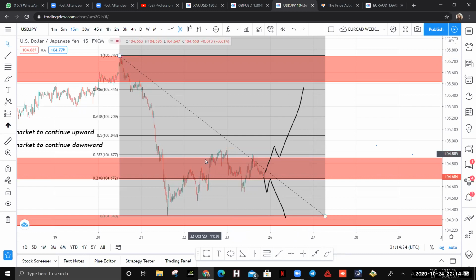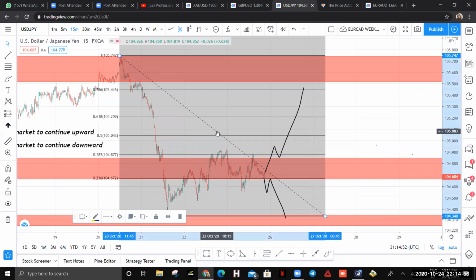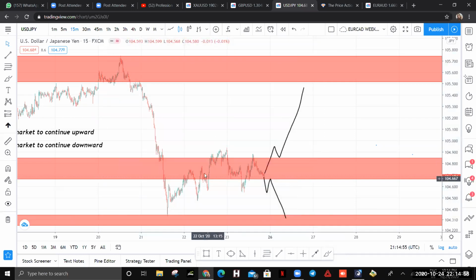So what the Fibonacci does is to help you know the level the market has reached. Say I drew my fib from here to here. The market stopped here. It could not move above 38.2. It kept hitting here, coming back, hitting here, coming back. So my tendency is that it will respect this because this is a strong zone.